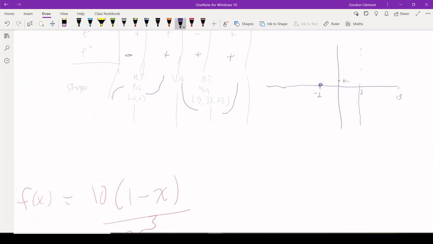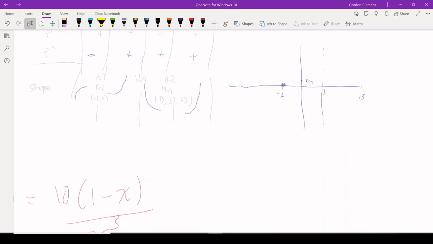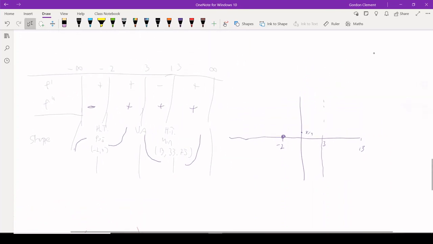So we'll call that 8/9. There we go. And then way out at 13, this is going to be way off. We'll call that way up there. There's my 33.75. And there's my asymptote. We didn't have a horizontal asymptote, so I think that's all of our information.